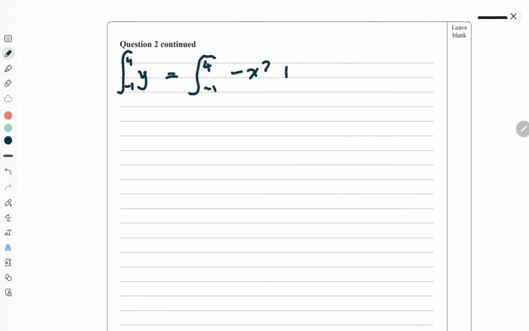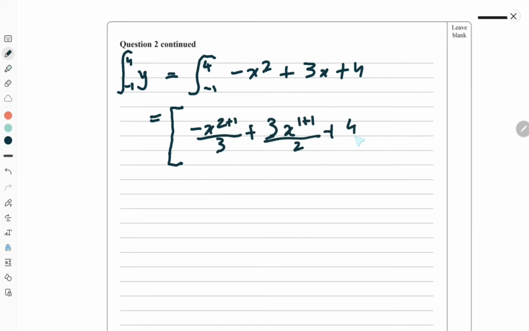is the integral from -1 to 4 of minus x squared plus 3x plus 4. Now we use square brackets. If you didn't know the rule, it is add 1 to the original power and then divide by the new power.